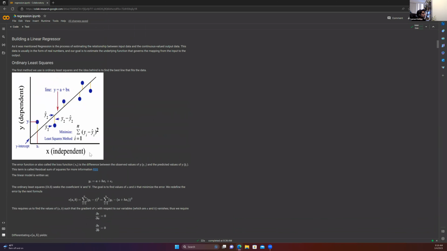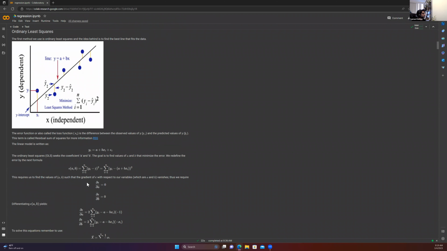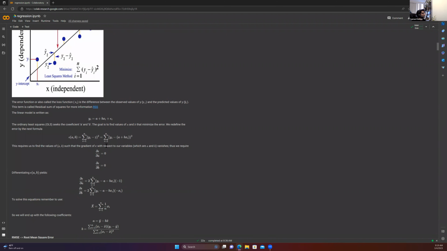So again, I don't want to go into the mathematical aspect of it too deep. If you're curious to see how this works, you can read this introduction on how linear regression works. But most of you are familiar with these terms. We have this outcome, this Y, which depends on these independent variables.